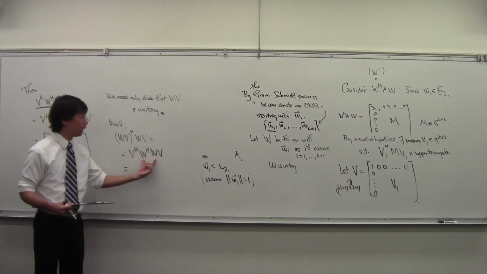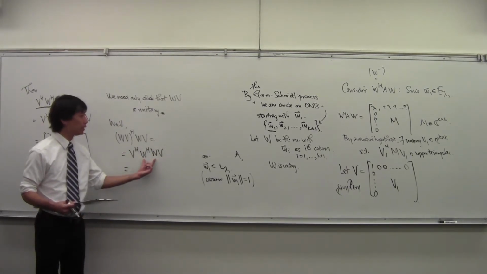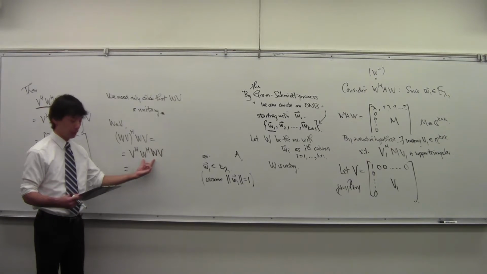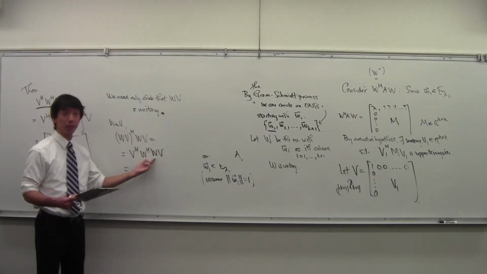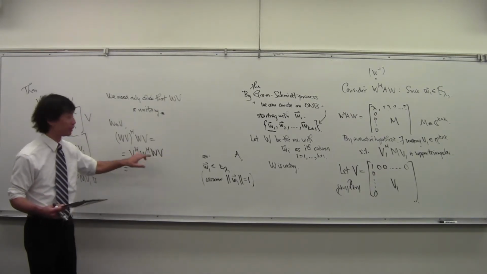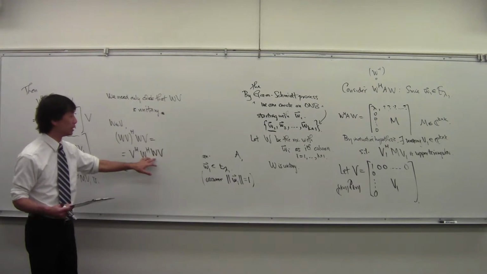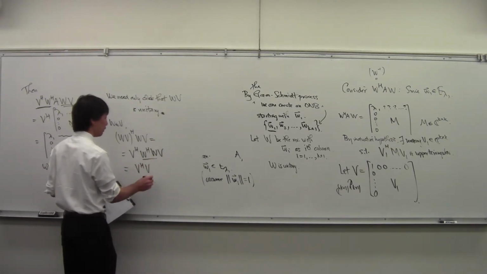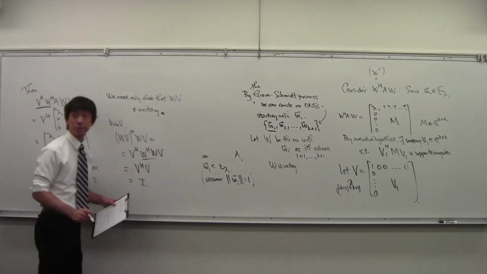But you know that this is unitary. So this is just the identity matrix. And so you get V H V. V is also unitary, so you get the identity matrix.